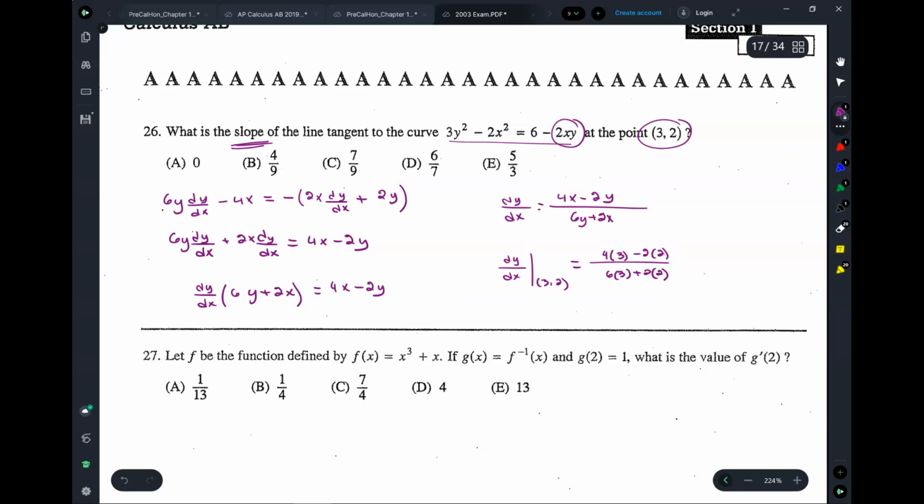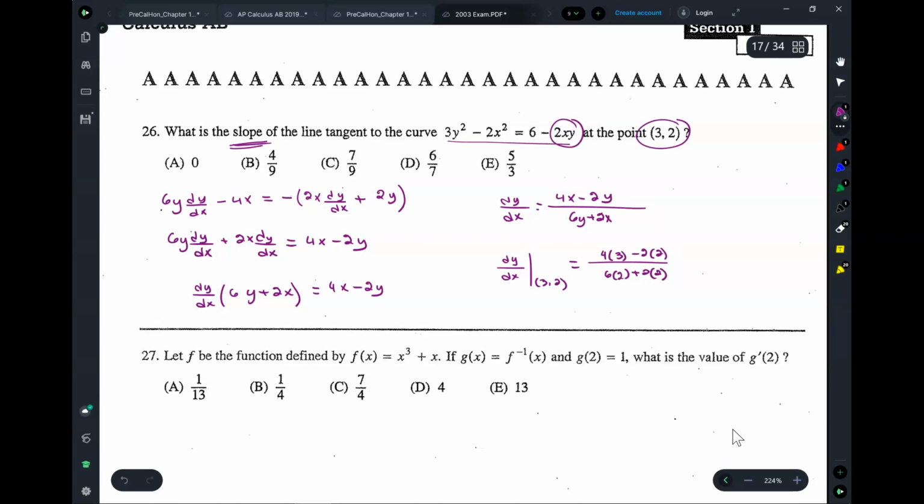Sorry, 6y, sorry. It's 6 times 2, 2 times 3. And that's 8 over 18, which is B. Okay? All right.